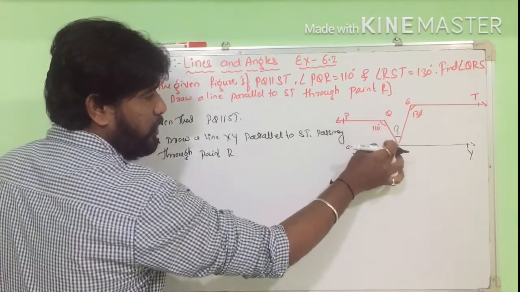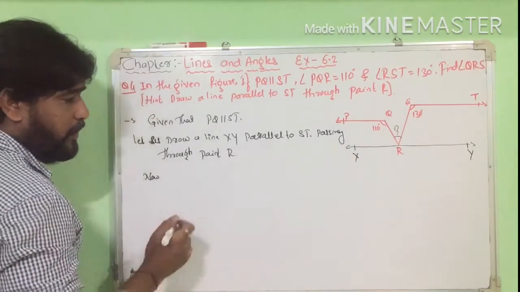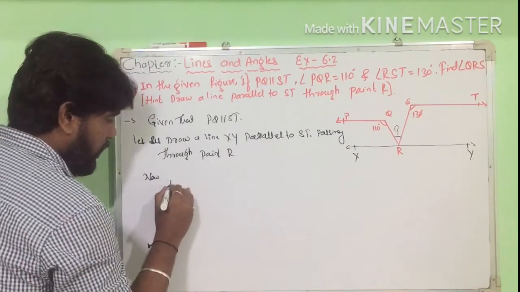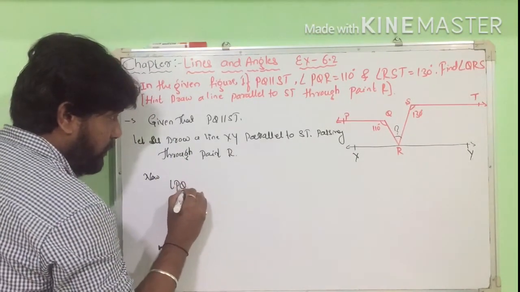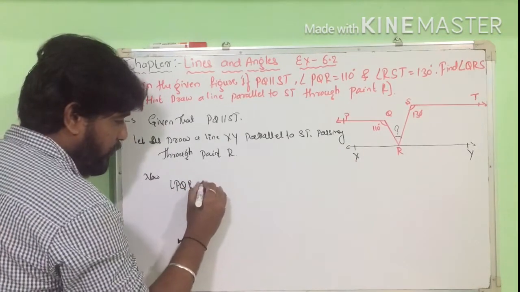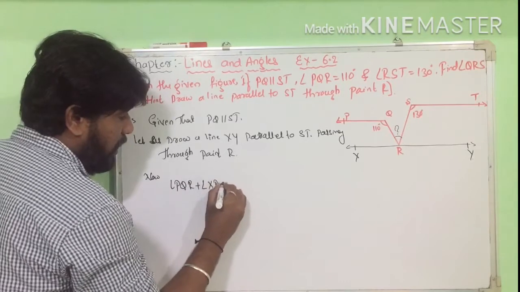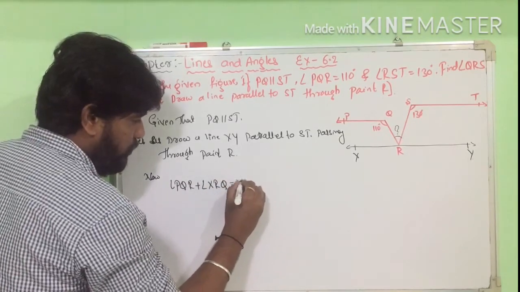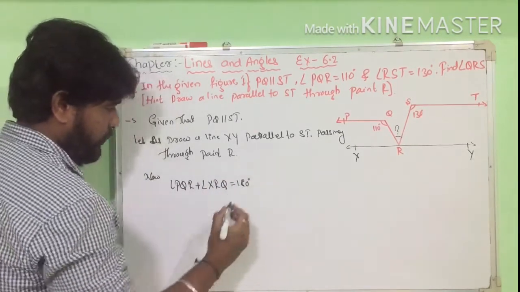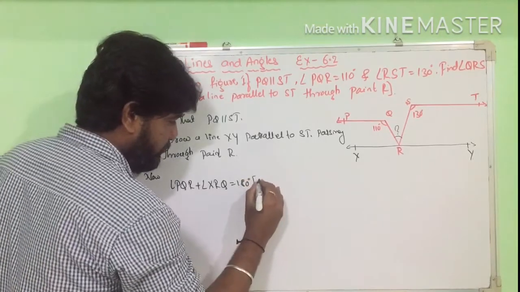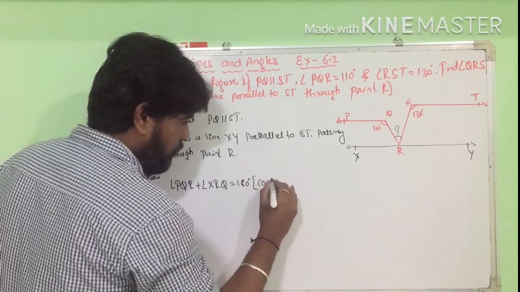Then the sum of these two is 180, right? So angle PQR plus angle XRQ is equal to 180. So what is the reason? Co-interior angles.